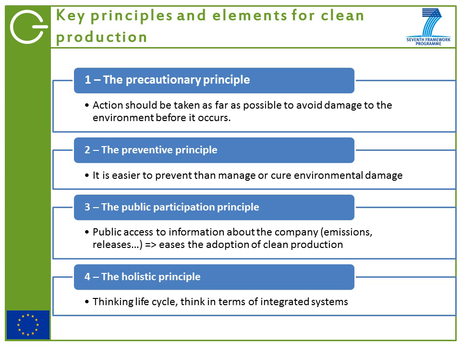The third one is a public participation principle. By allowing the general public to access your process, you ease the adoption of innovative systems that support a cleaner production. The fourth one is the holistic principle, and is aligned with the life cycle system. You should not consider your production plan as an isolated element, but as part of an integrated system that should be improved at the system level.